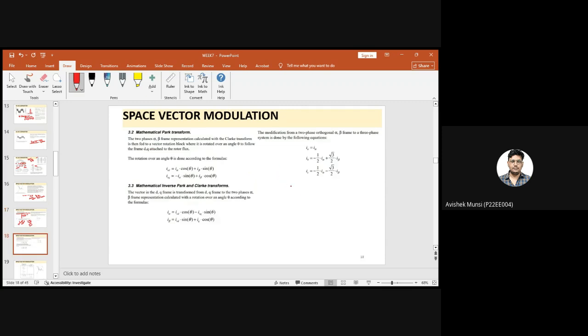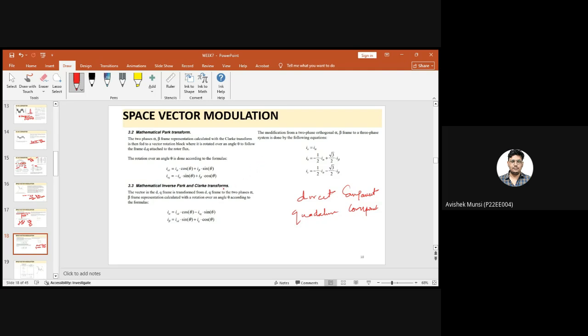Similarly, in case of the Park transformation, we have a direct and a quadrature component.